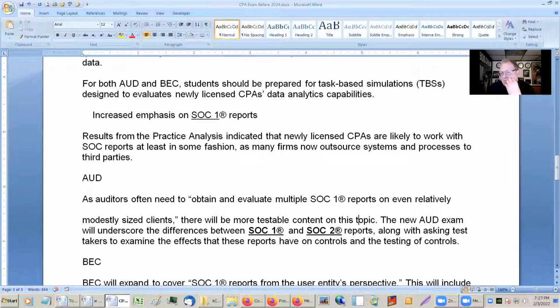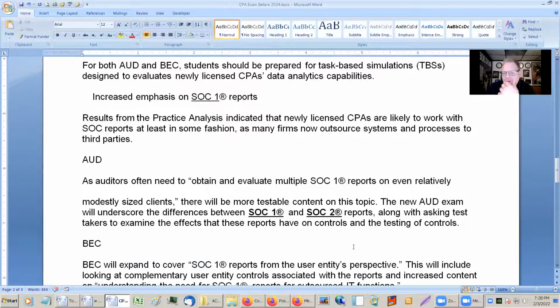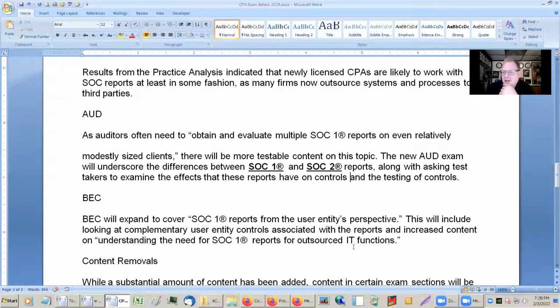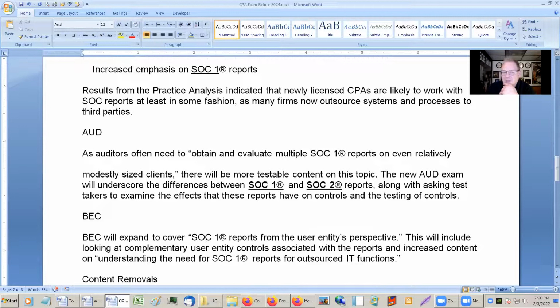Quite honestly, there's nothing terribly wrong with this, but when an organization has its own content like this, you probably want to study up on it. I'm not saying they would frivolously put it into the CPA exam, but if they think it's important, it very well may be in there.